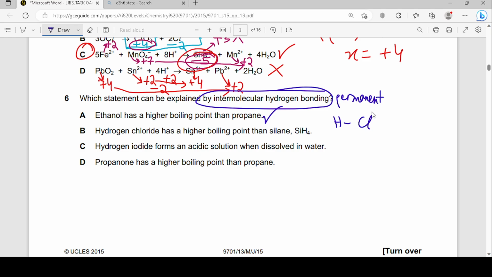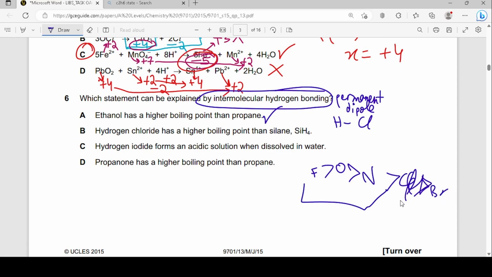Because the most electronegative elements are F, O, N, Cl, Br. If you have F, O or N attached to hydrogen, then you have hydrogen bonding. Otherwise, if you have any of these attached to something like C or H, usually then it's just permanent dipole.